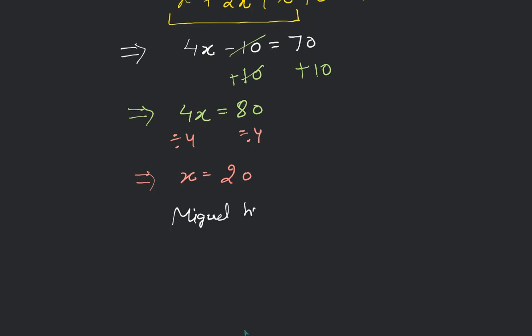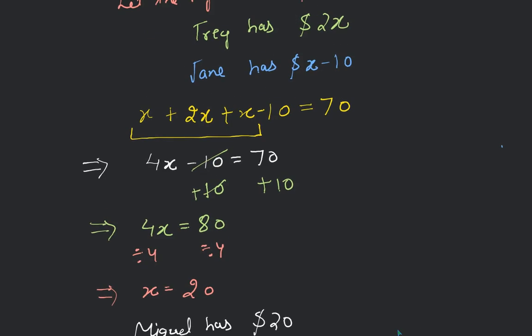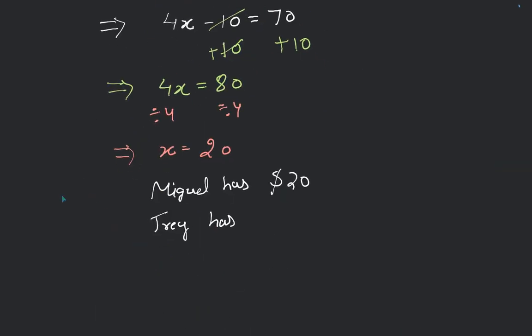Miguel has $20, and Trey has 2 times what Miguel has. So it's 2 times 20, which is $40. Very good.